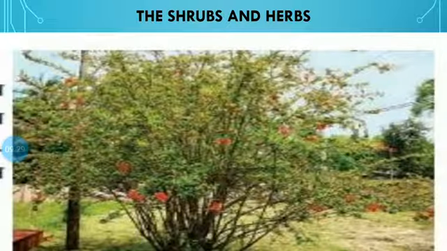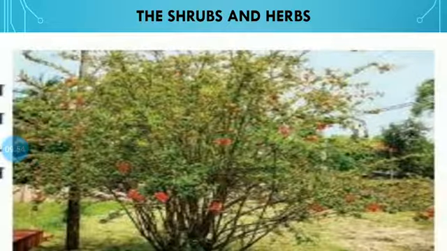What are the similarities between the fenugreek and periwinkle plants? Okay, these are the examples of herbs. They grow 1 to 1.5 meters tall.